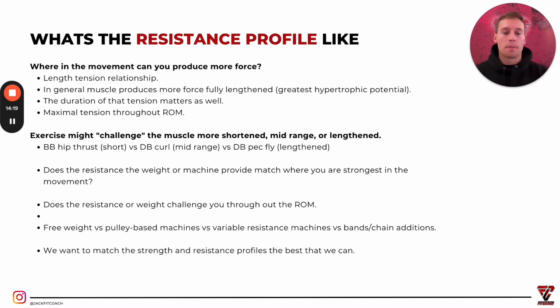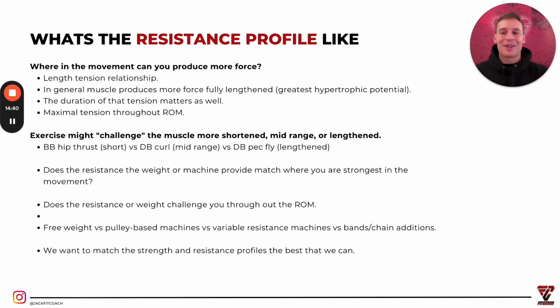Now, before we go on, I would say that the more stability that you have, the greater the force that you can produce. Therefore, the more contractile units you can recruit within the muscle, therefore the more muscle that you will build.